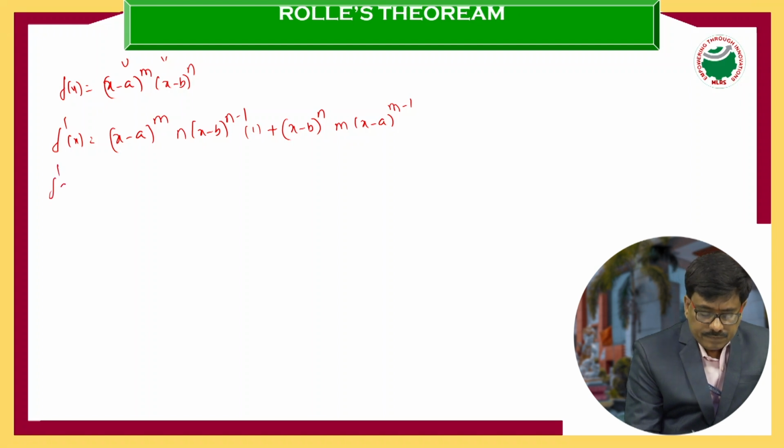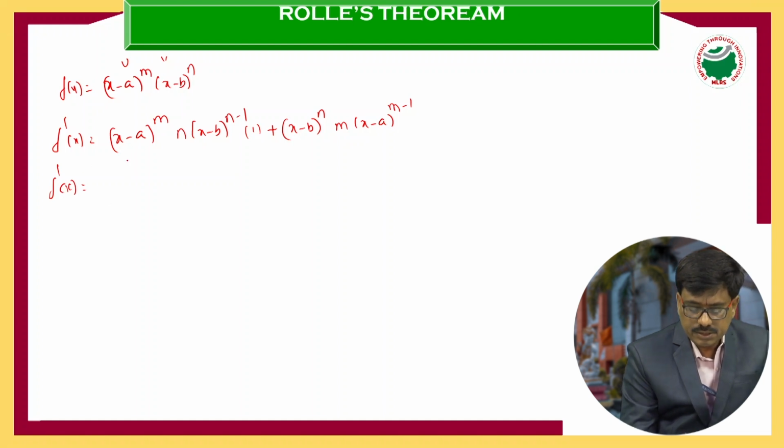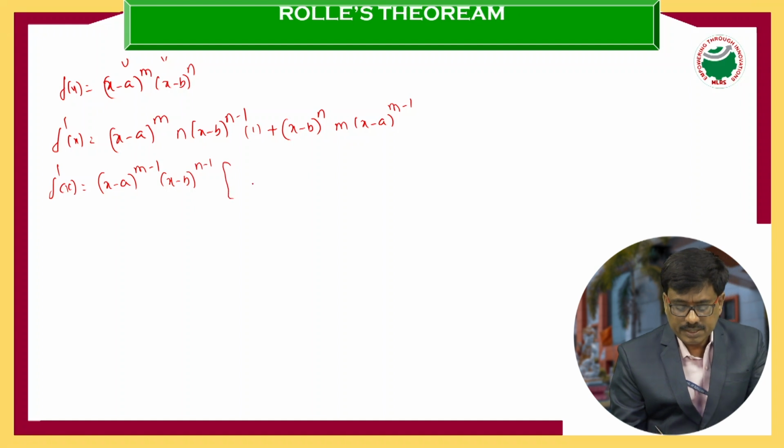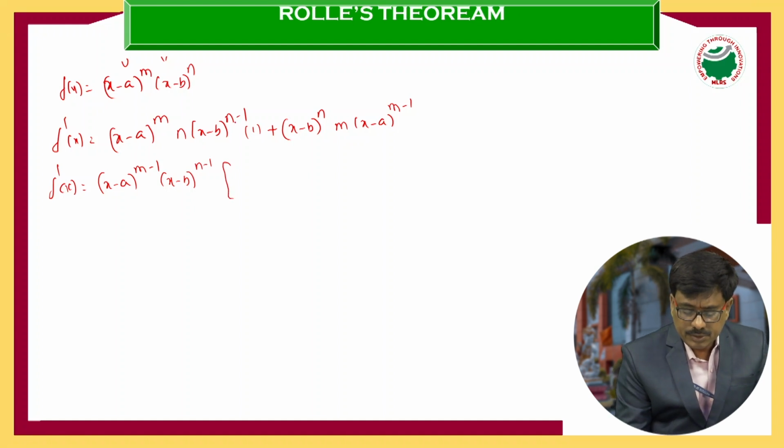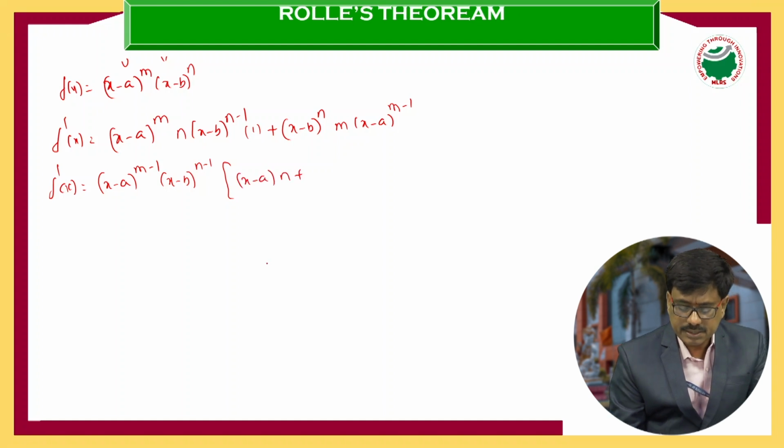F dash of c is equal to, I can substitute c afterwards. F dash of c is equal to, I can take common (x minus a) whole power m minus 1. I can take the common (x minus b) whole power n minus 1. What will be the remaining? Here (x minus b) whole power n is common. The remaining term is (x minus a) into n, plus. Here (x minus a) power m minus 1 is common.